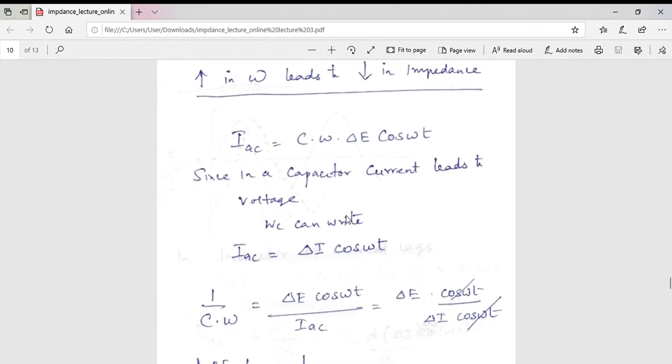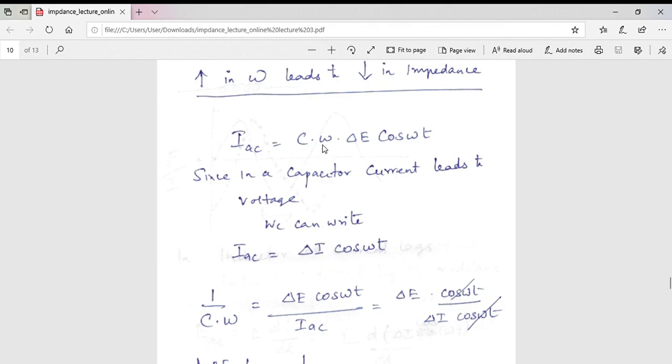And for current we can write a waveform like this, where I_AC can be like delta I cos omega t. This is the amplitude of the current waveform.